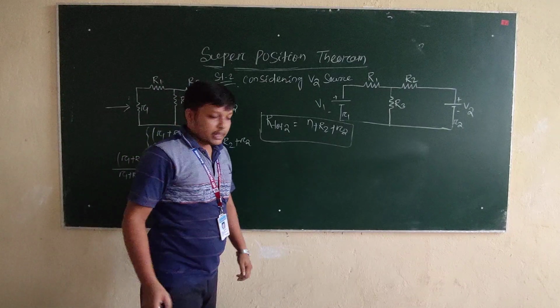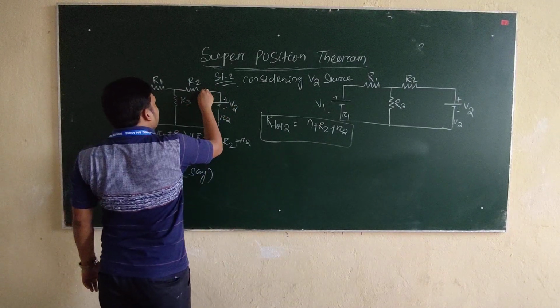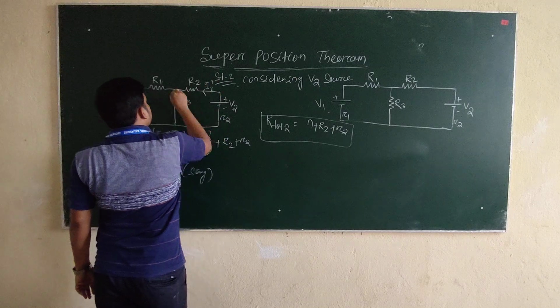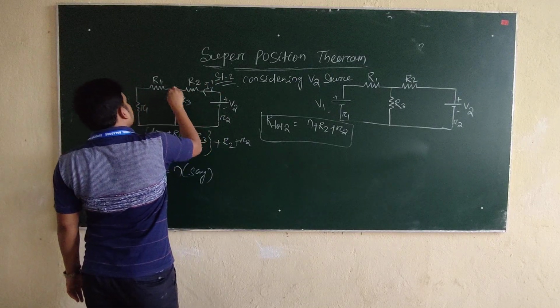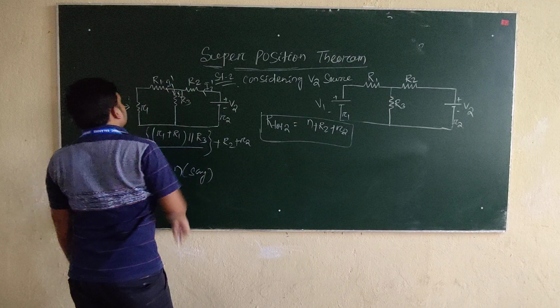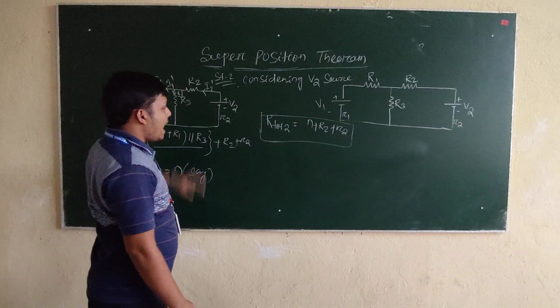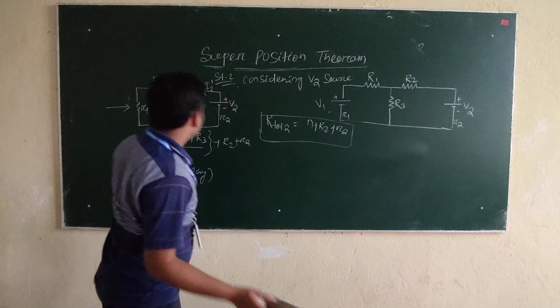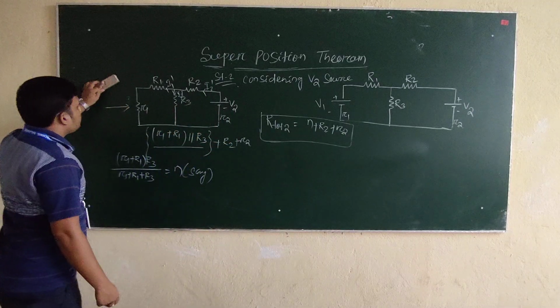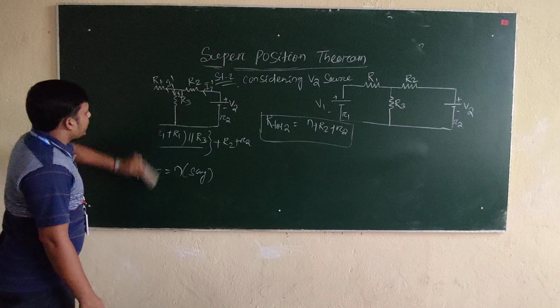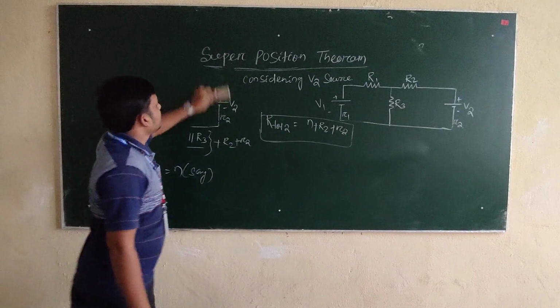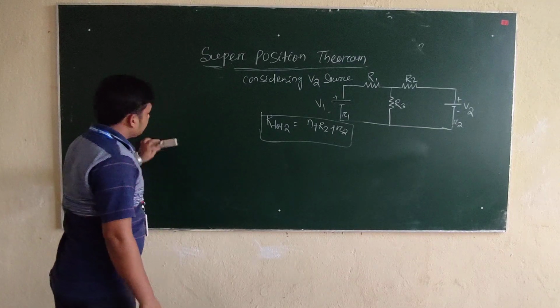Now for this source, the three currents I2 dash, I3 dash and I1 dash flow through the three resistances R1, R2 and R3. Now we have to calculate the values of current for the three resistances.